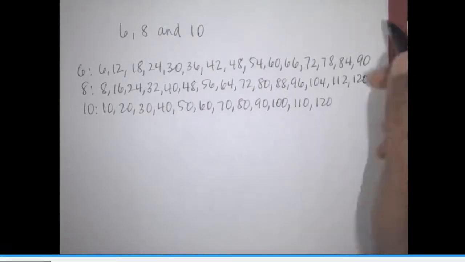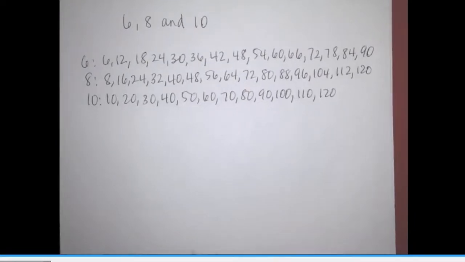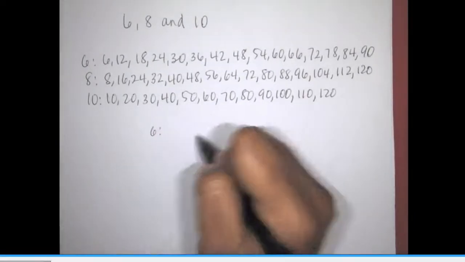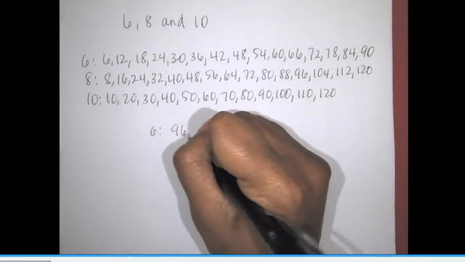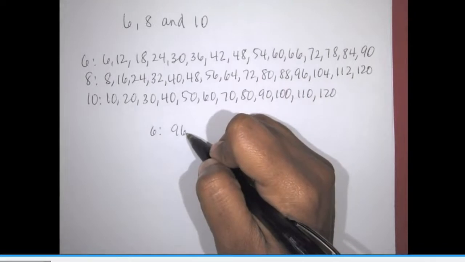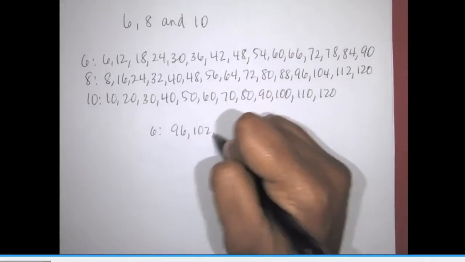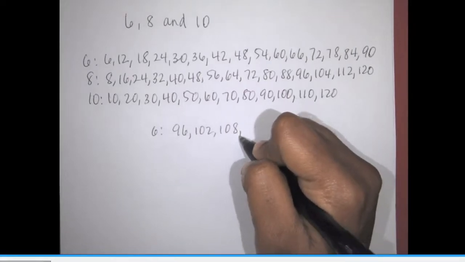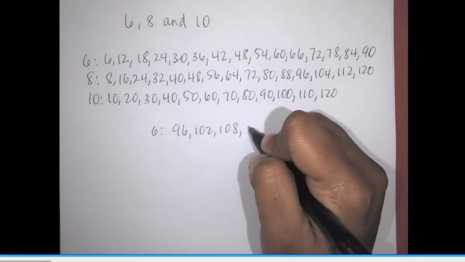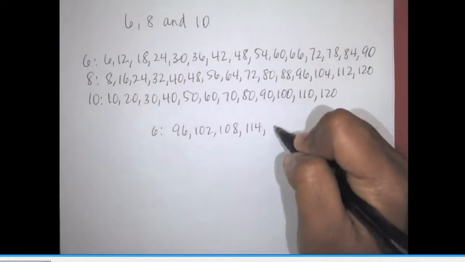And this one, what I'm going to do is just come down, and on the 6s I'm going to continue on. Then I have 96, and then add 6 more, and I get 102, then 108, 114, and then 120.